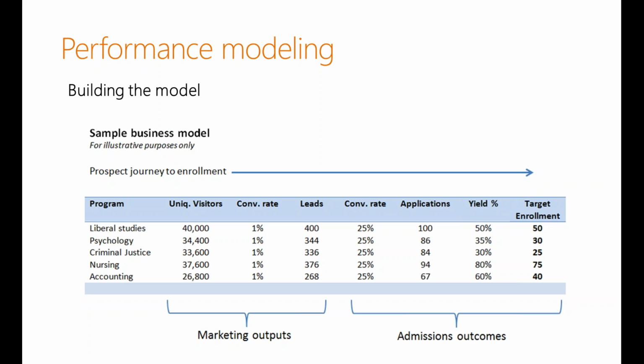So you have these historical data points, but the focus of doing this is that it bridges, as we talked about before, the marketing outputs and the admissions outcomes. And the area I want you to focus on is the center, which is leads. And leads are the key performance indicators, or what will become the key performance indicators, for marketing.